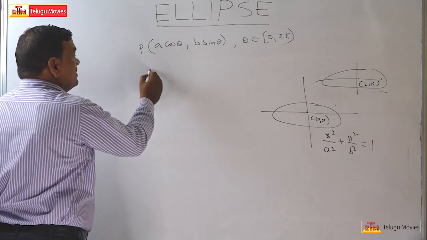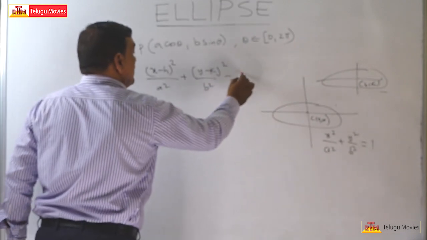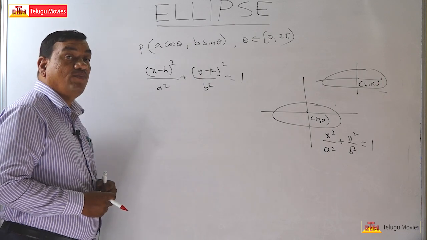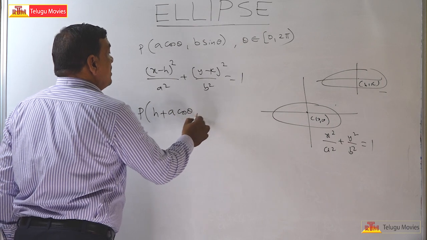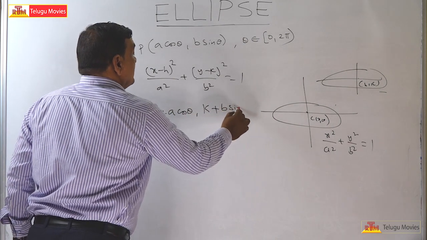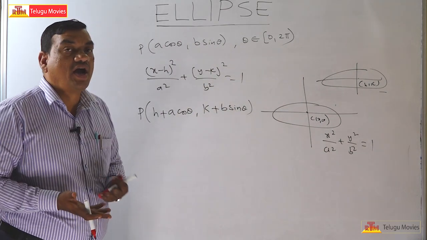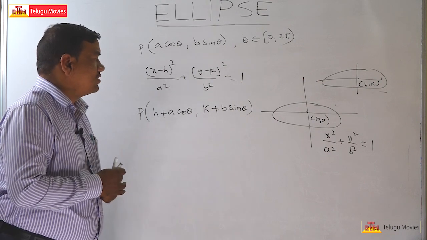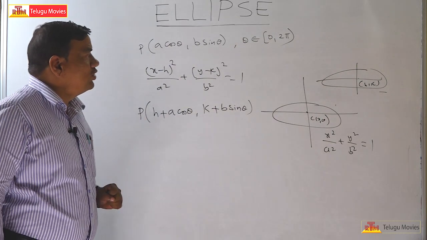So if your ellipse equation is x minus h whole square by a square plus y minus k whole square by b square is equal to 1, then any general point on this ellipse can be taken as h plus a cos theta comma k plus b sin theta. That's all. For x you add h, for y you add k. For theta it is the same, 0 to 2 pi radians. I hope that you understand this point.